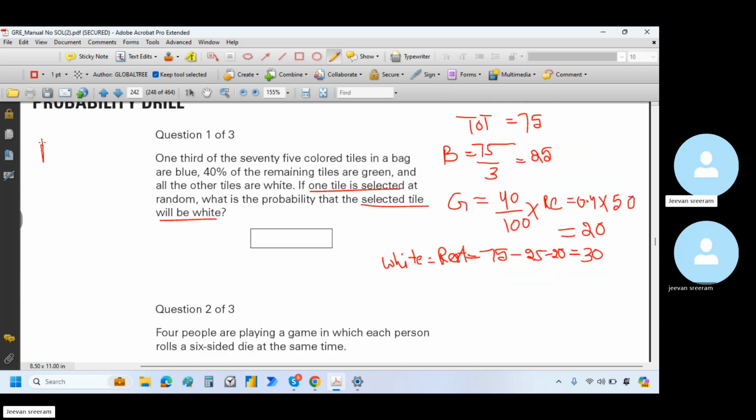Let me write here probability. Favorable outcomes are 30.